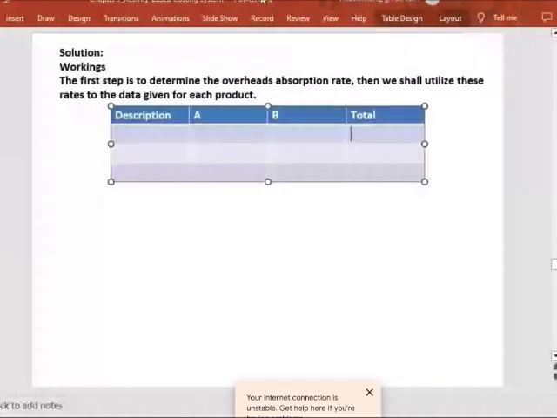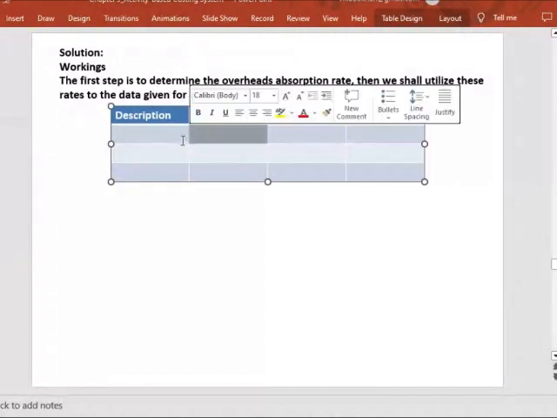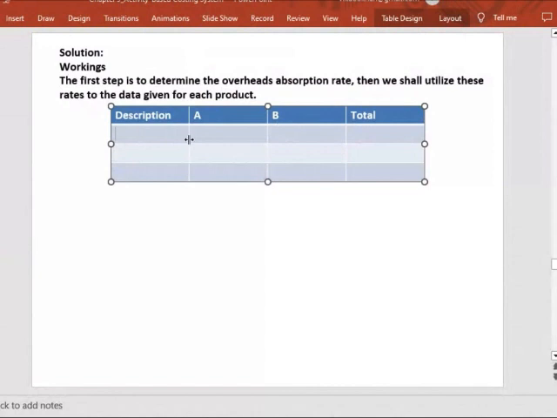Going to put in here for A, B, and then the total. To start with, production.